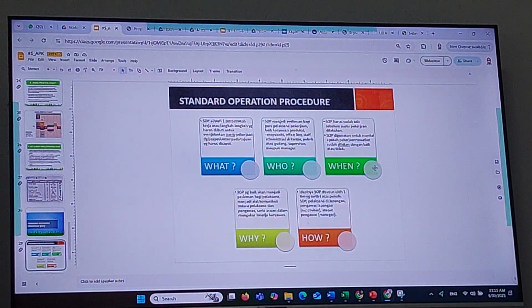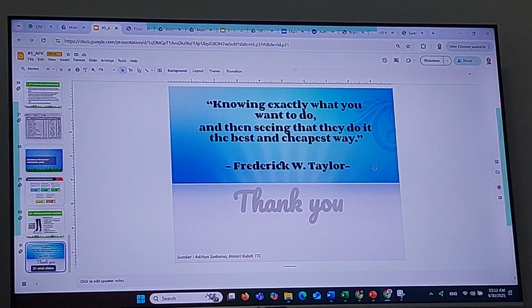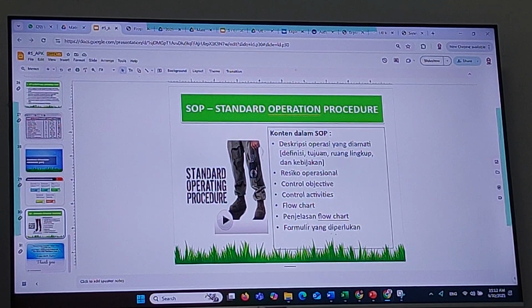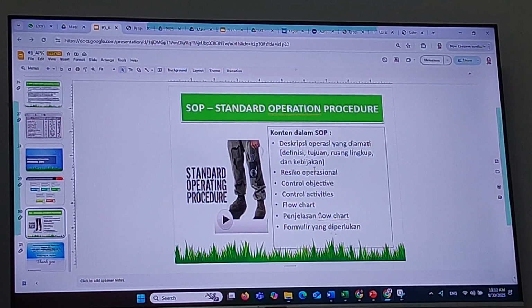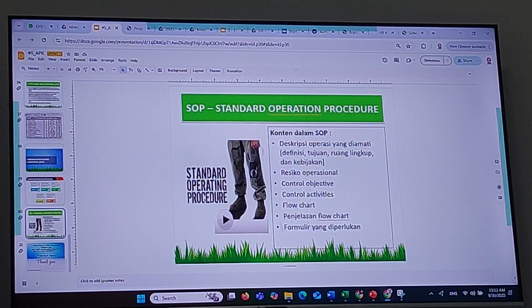And then the last is about SOP, standard operating procedure. For the SOP, we try to describe the operation or process, and we describe the operational risk, the control objective, control activities, flow chart, the definition and explanation of the flow chart, and we provide a format or form if we do something.